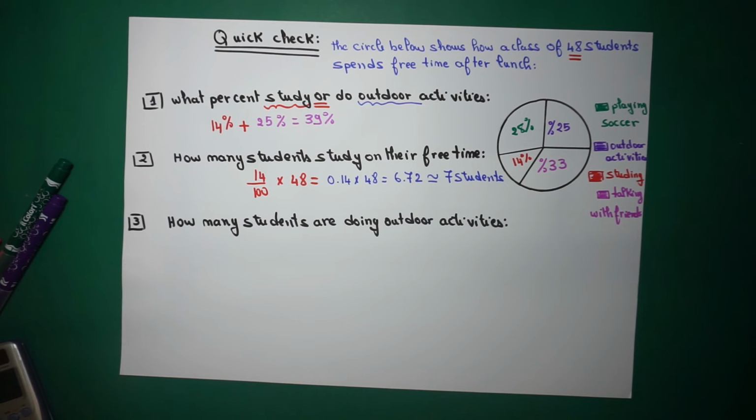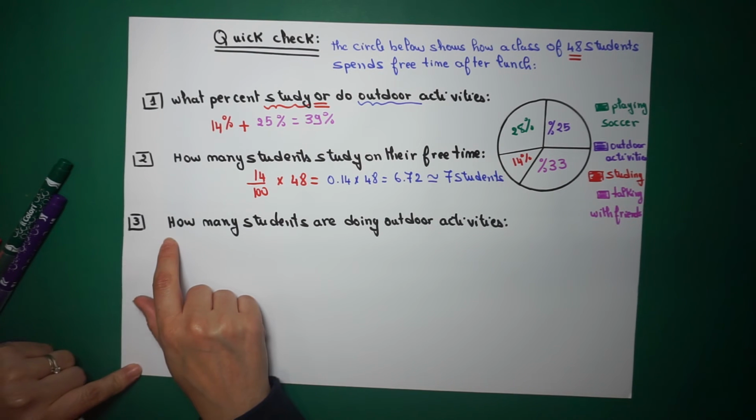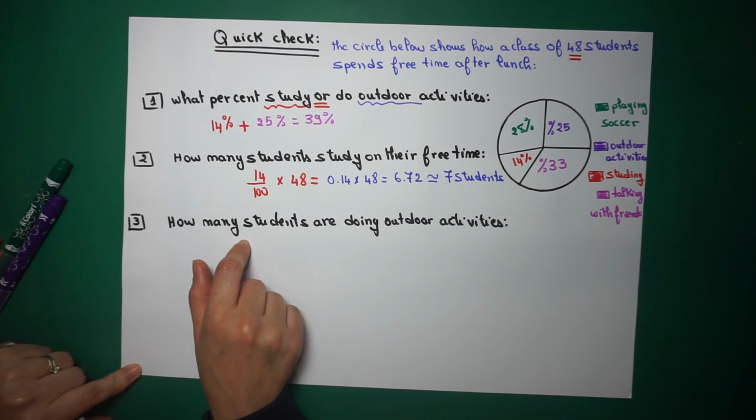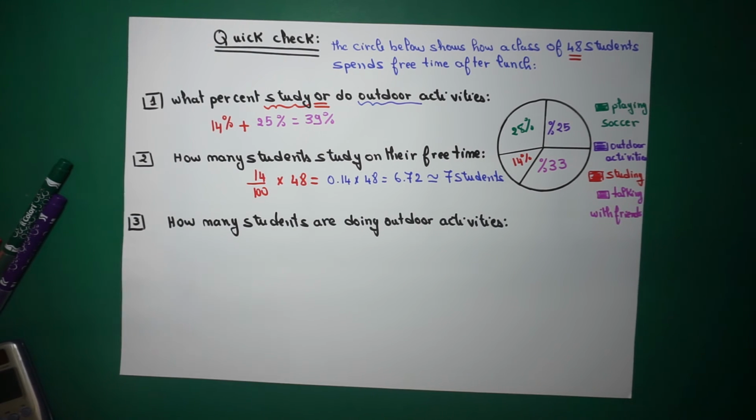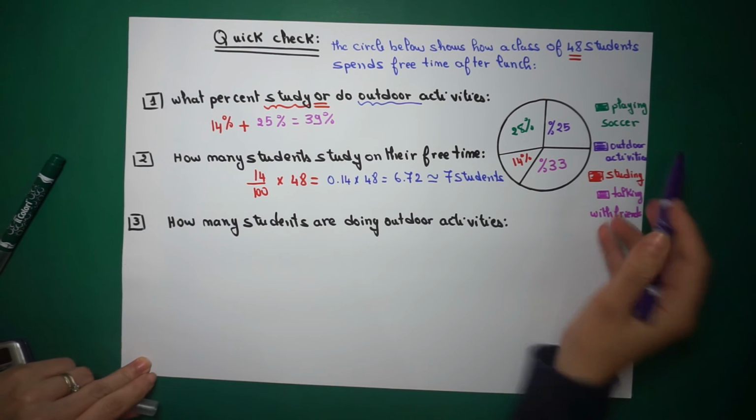The same way I'm gonna answer question 3. For question 3, how many students are doing outdoor activities? So I'm gonna focus on the sector of outdoor activities, which is in purple. So I have 25% are doing outdoor activities.